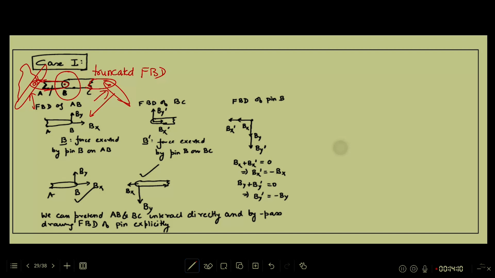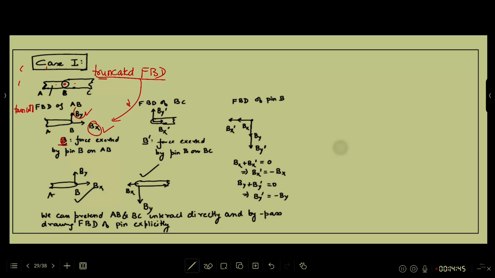So we have a situation, 2 members interacting with a pin which is joining the 2 members. If you draw the truncated FBD of AB, I will put a force, one unknown scalar in y direction, one unknown scalar in x direction, and the vector B, which will have these 2 components, that will be the force vector exerted by pin on AB.